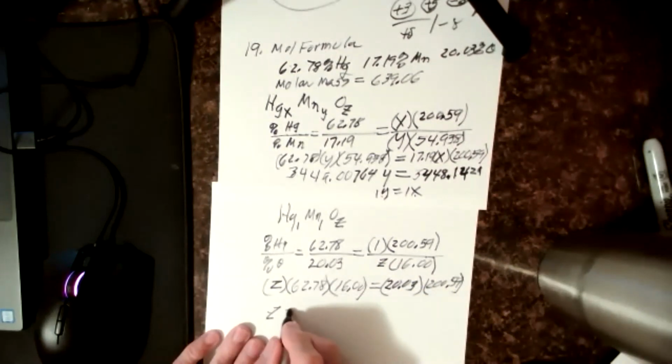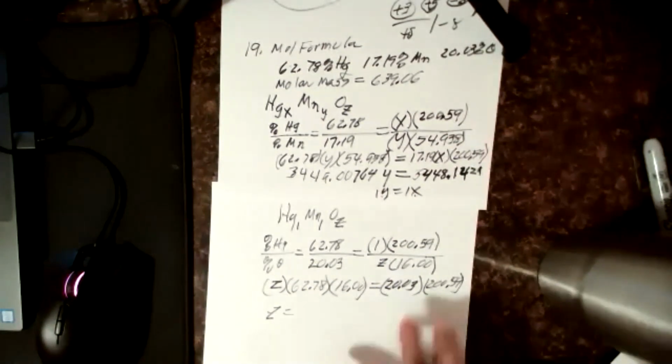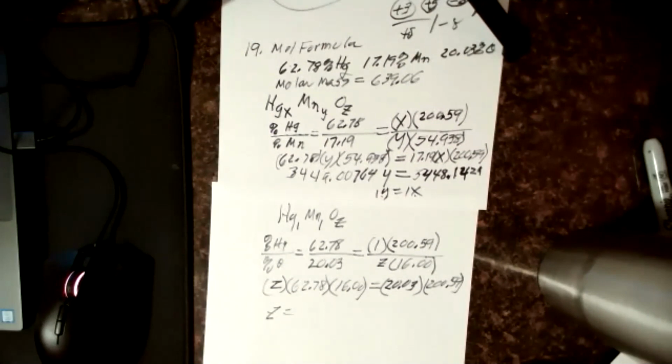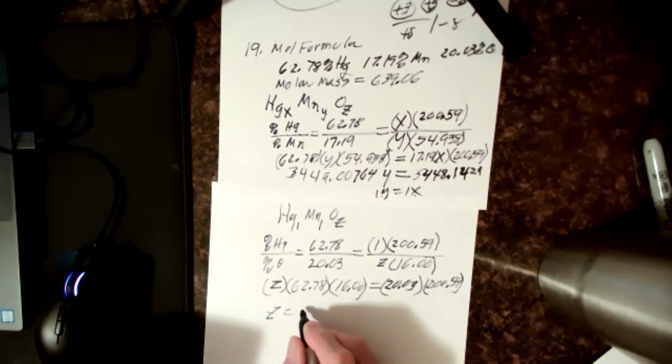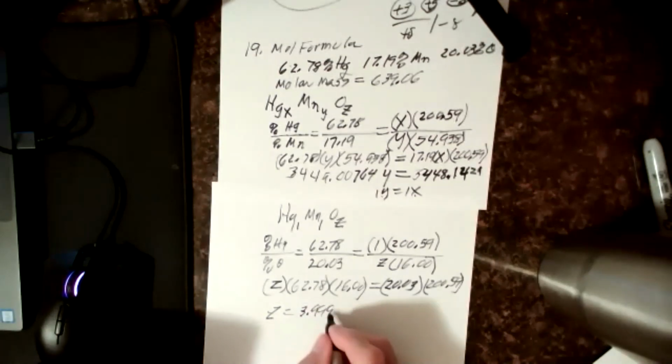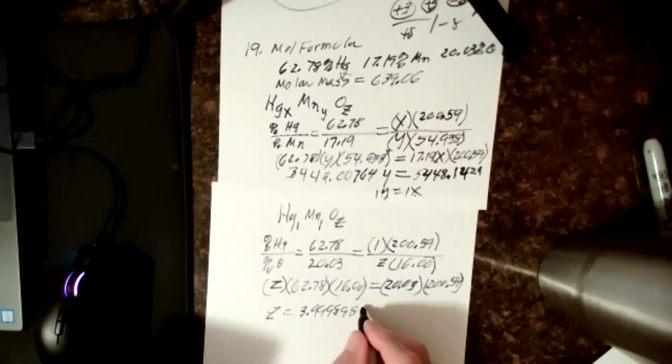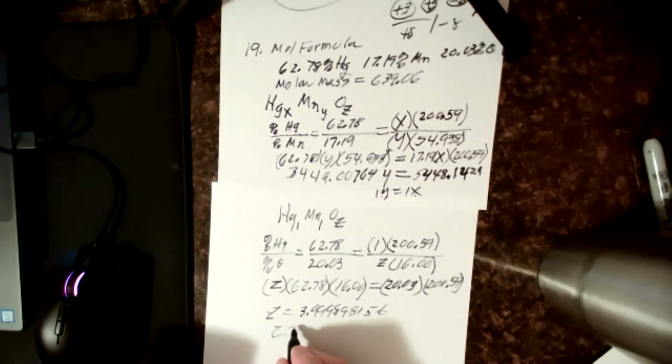So Z is going to be equal to 20.03 times 200.59 divided by 62.78 and divided by 16. That comes out to be 3.99980. So Z is equal to 4.